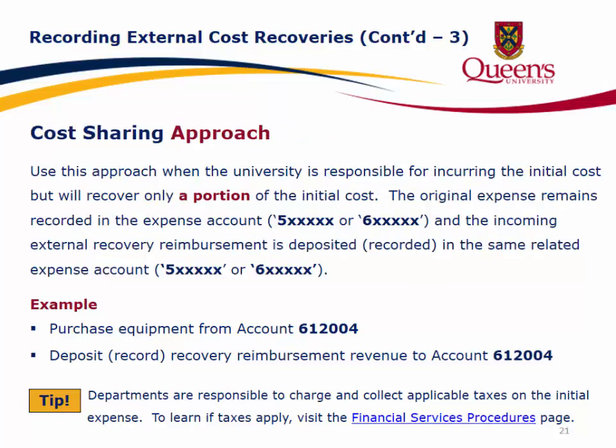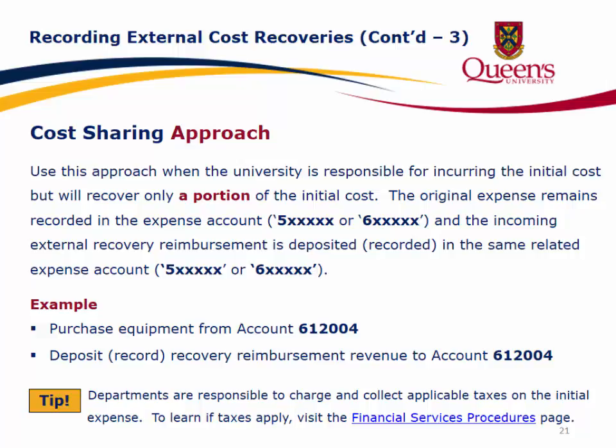The second method used for recording external cost recoveries is the cost-sharing approach. Use this approach when the university is responsible for incurring the initial cost but will recover only a portion of the initial cost. The original expense remains recorded in the expense account, an account that begins with 5 or 6, and the incoming external recovery reimbursement is deposited or recorded in the same related expense account that begins with 5 or 6.